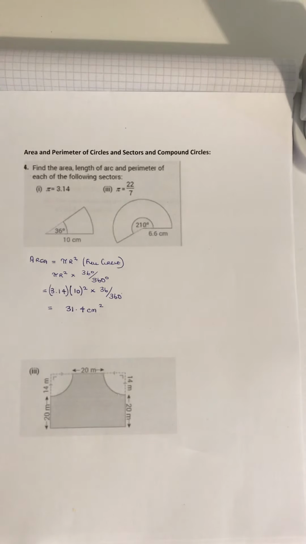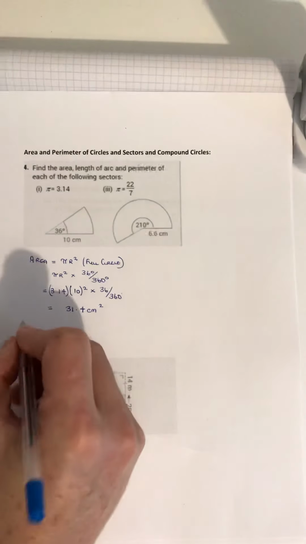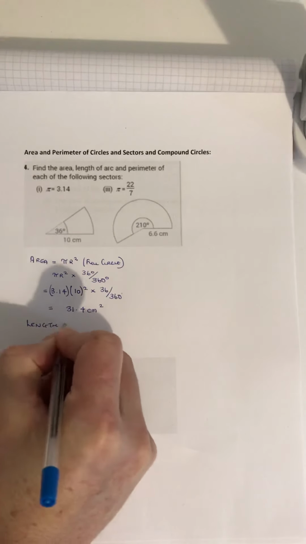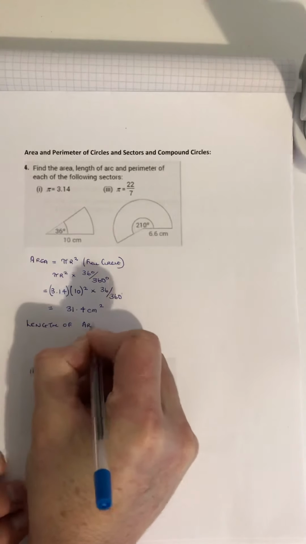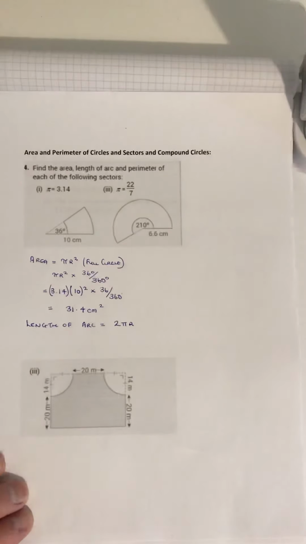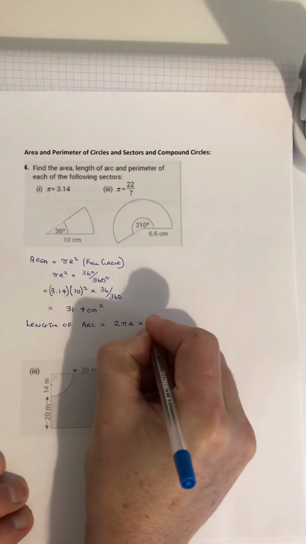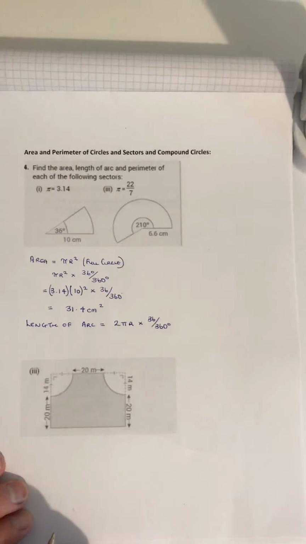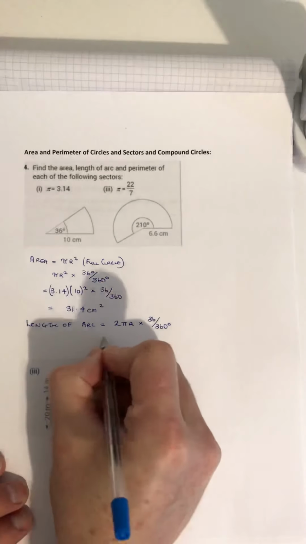Okay, so that's the area of the arc. Okay, the next thing we're going to do is to find the length of the arc. So the length or circumference of the arc will be 2 pi r, but that's for a full circle. Multiply that by 36 out of 360 again, because we only want a portion of the circle.